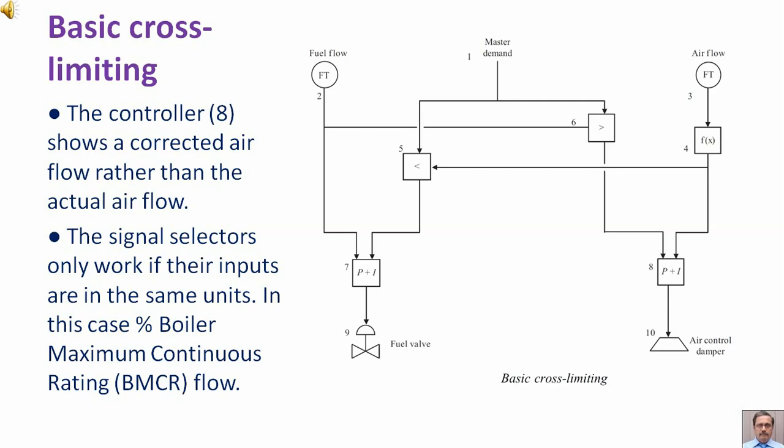The controller block number 8 shows a corrected airflow rather than the actual airflow. The signal selectors only work if their inputs are in the same units. In this case, percentage of boiler maximum continuous rating, BMCR flow.